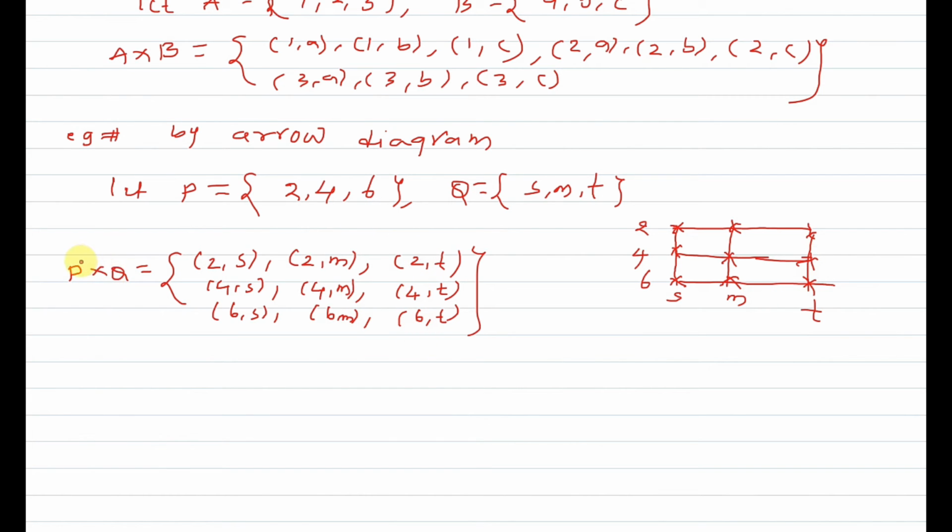In this Cartesian product of P comma Q, try to understand, all the first elements are from P and all the second elements are from Q. So this is the Cartesian product of P comma Q. This is called an arrow diagram. This is the representation of an arrow diagram. Okay, I think you can understand this concept.